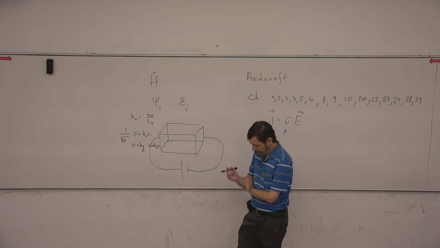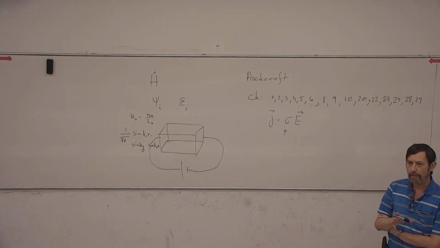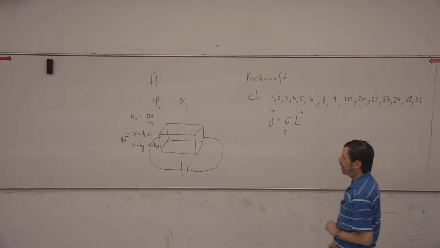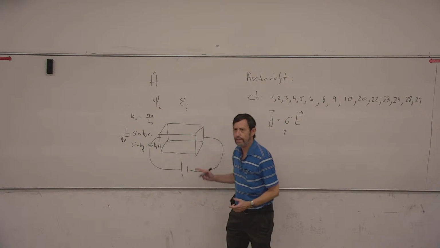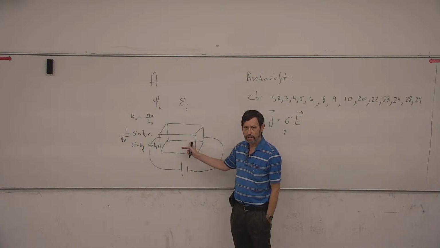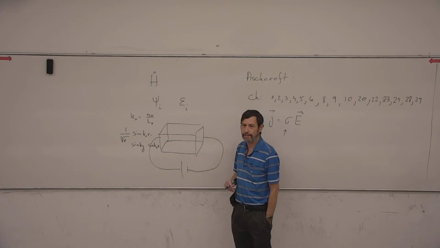I want to go to another formulation which has a very interesting history in physics. How can I solve this problem of letting a current flow here without connecting to the outside?